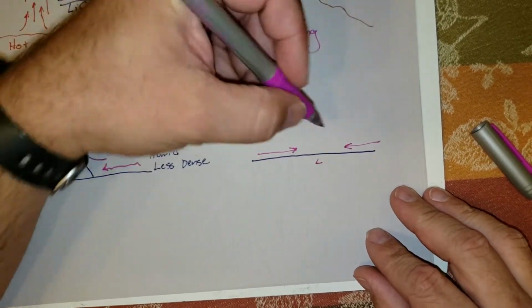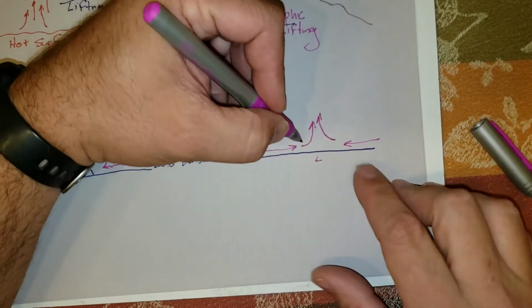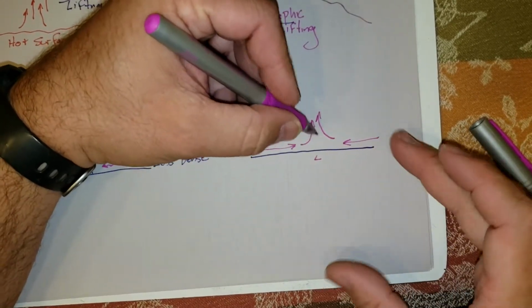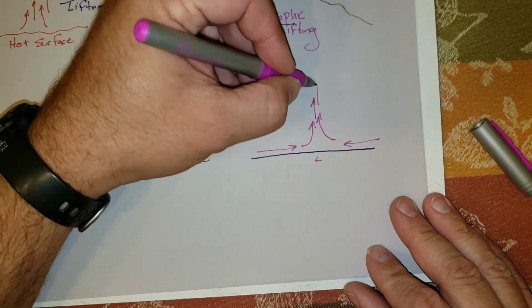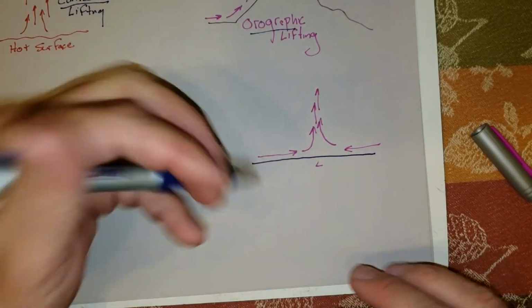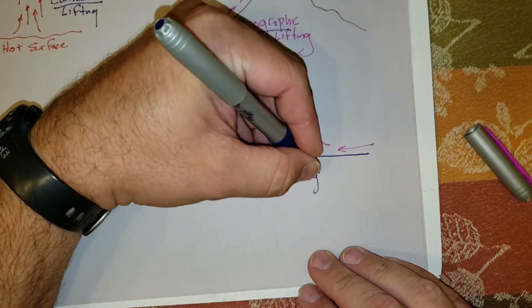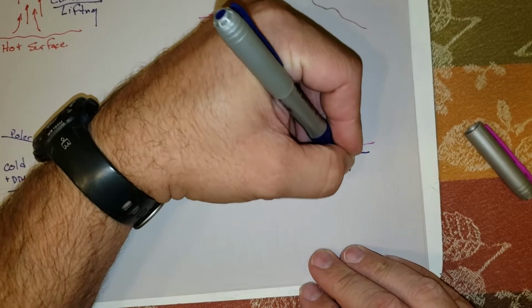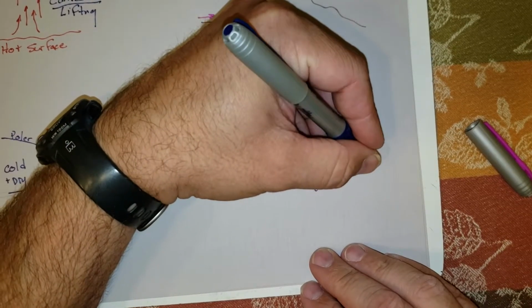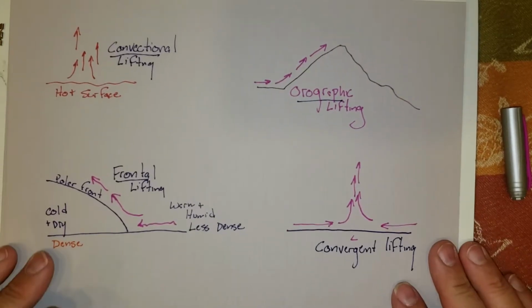If we have a low pressure system there on the surface, then that air goes up because it has nowhere else to go. It's crashing into itself, and so that air is forced upwards. That is where air is converging in on each other, so it is called convergent lifting.